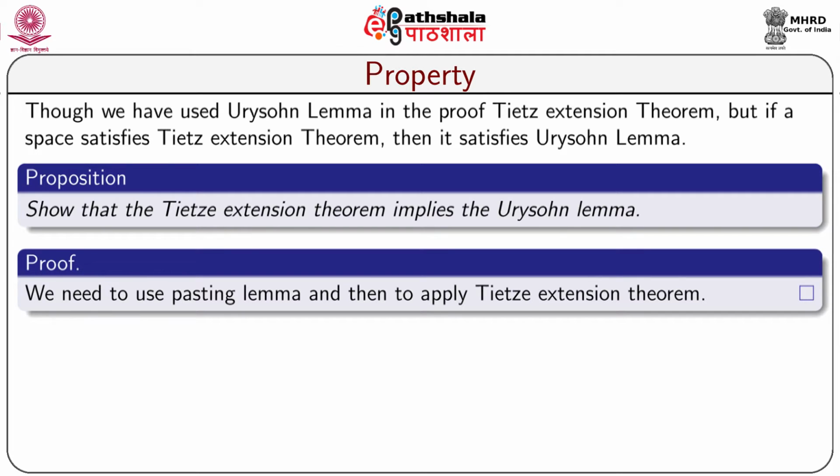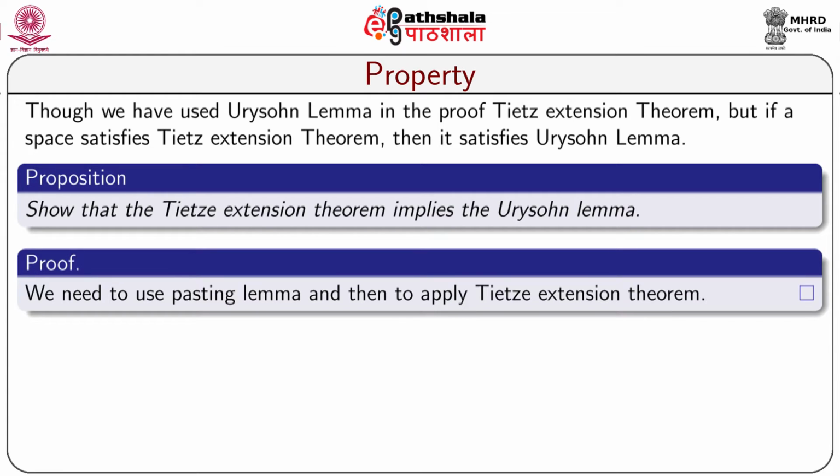That means, any continuous function from a closed subset to R can be extended all over X. Then that space satisfies Urysohn's lemma. That means, given any two disjoint closed sets, there exists a continuous function f such that f of one closed set is equal to 1 and f maps another closed set to 0.